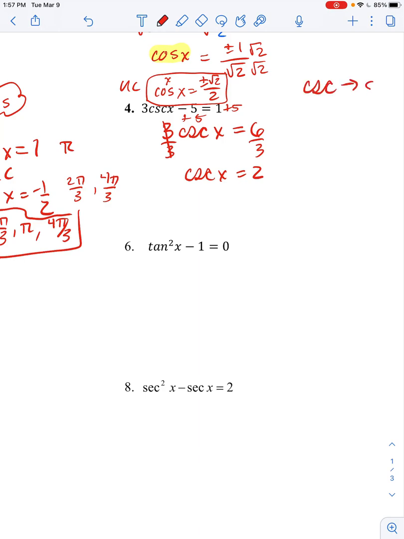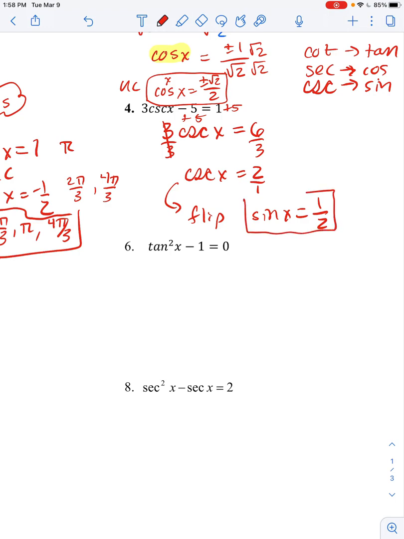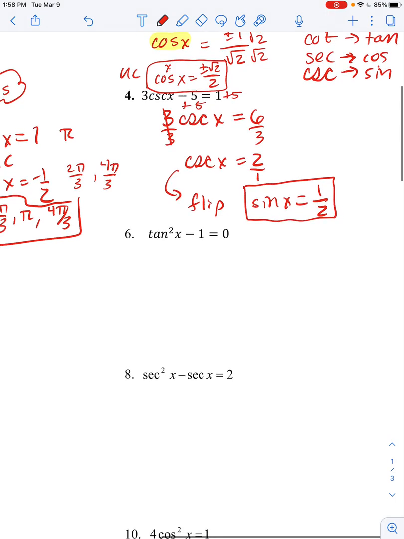So cosecant flips over to be sine, secant flips over to be cosine, and cotangent flips over to be tangent. So in this case, I'm going to flip over my 2, and it will become sine x equals 1 over 2 instead of cosecant equals 2 over 1.